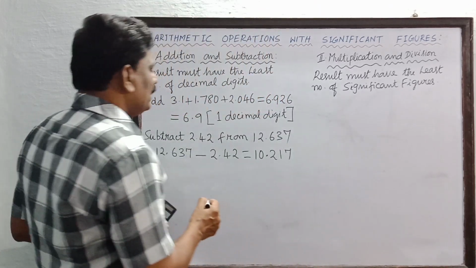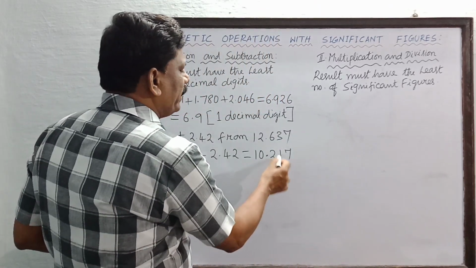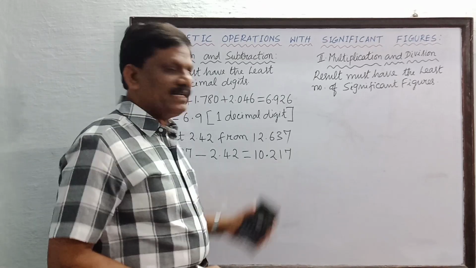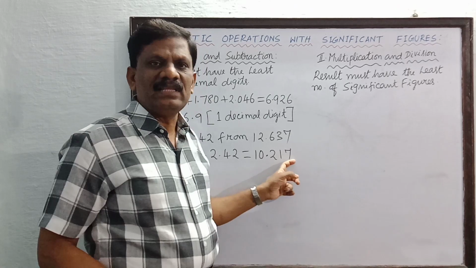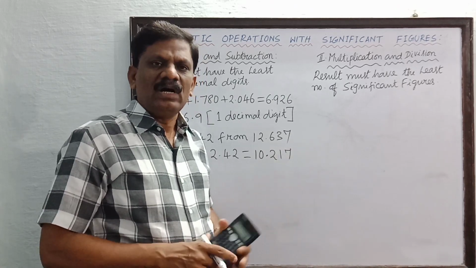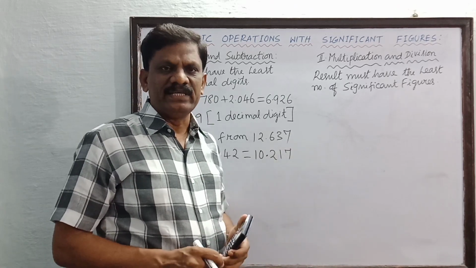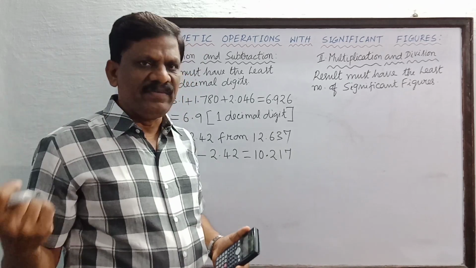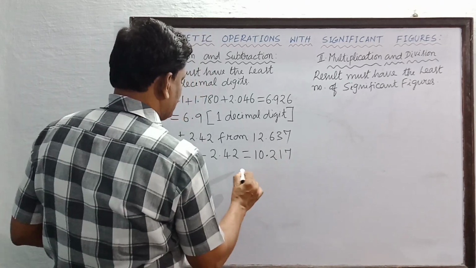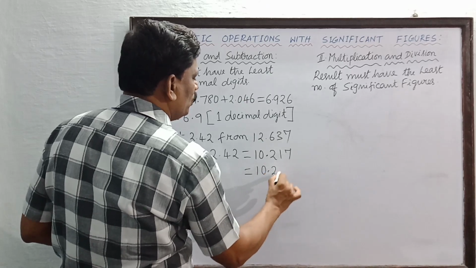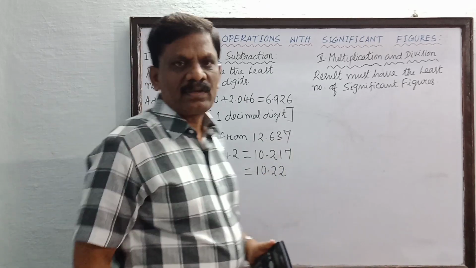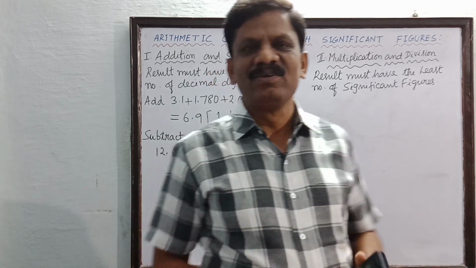So for that I have to round it off to only the second decimal digit. So I watch the third decimal digit, that is greater than 5. So according to the rules of rounding off, I can add 1 to the previous digit 1. So the answer is now equal to 10.22. That is the answer. Have you all understood?